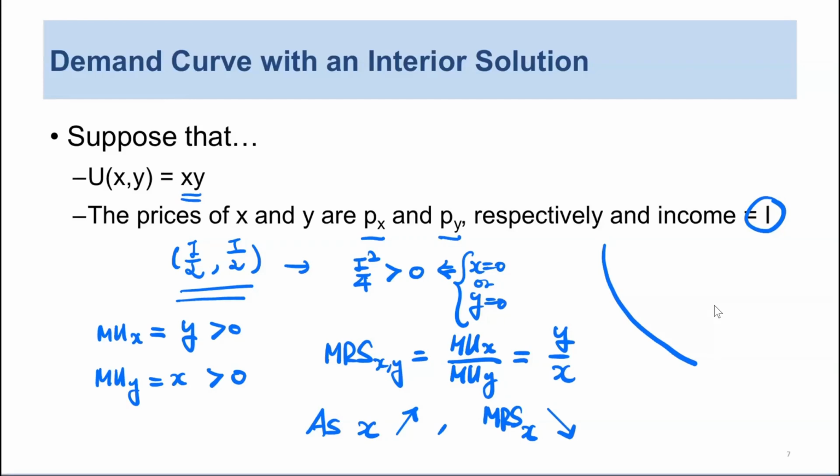At the same time, now we can use the Lagrange method. So let's do that. You set up the Lagrangian function as x times y plus lambda times the constraint, which is I minus price of x times quantity of x, minus price of y times quantity of good y.